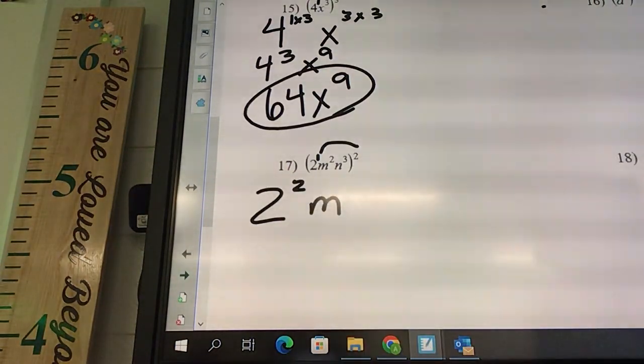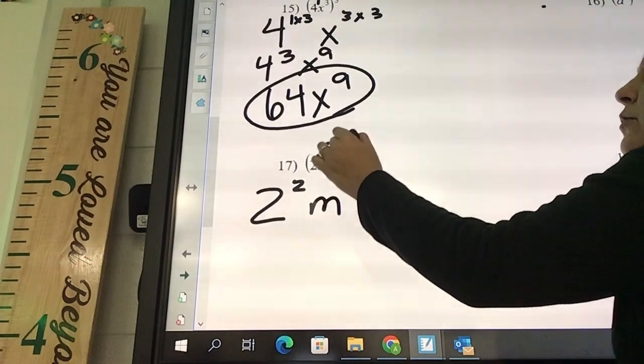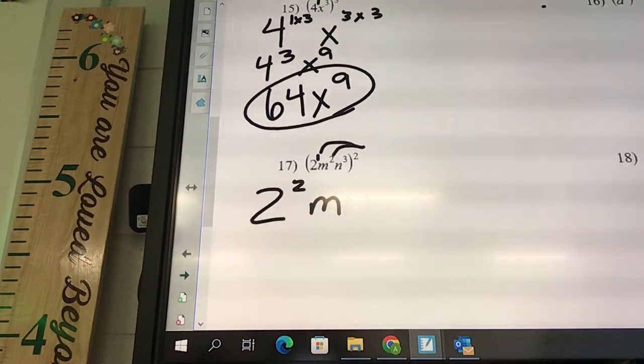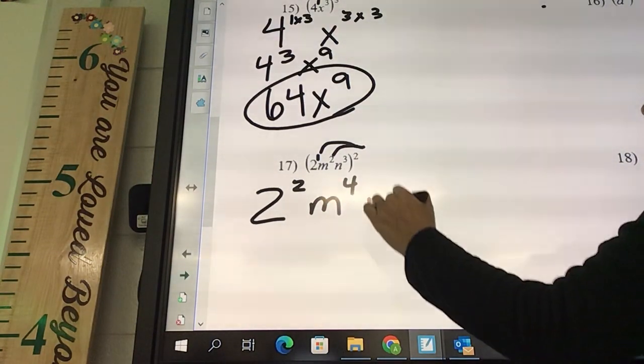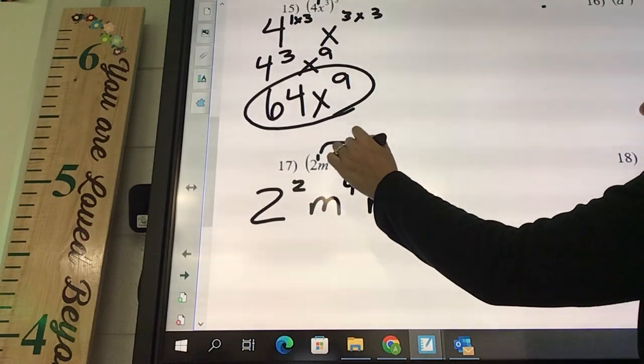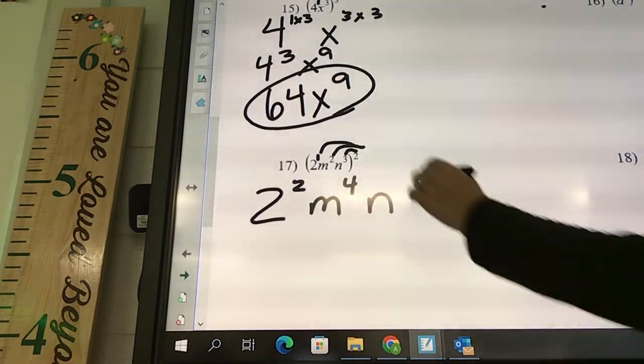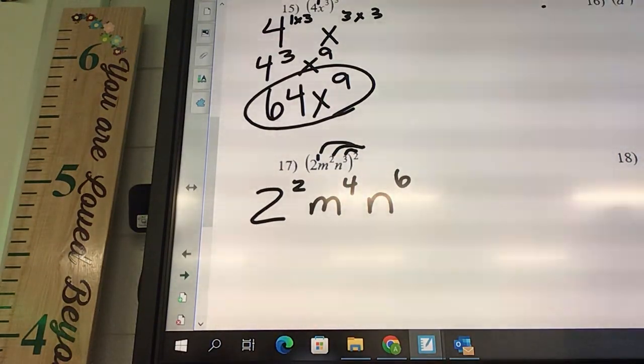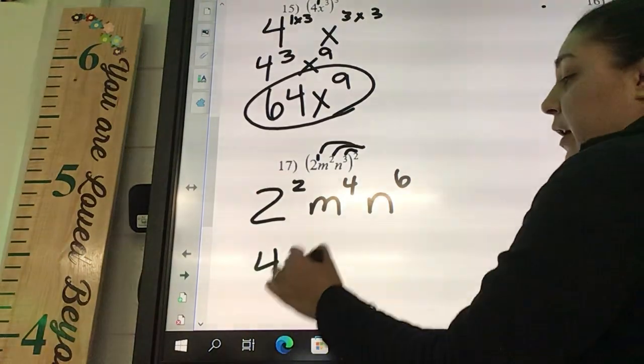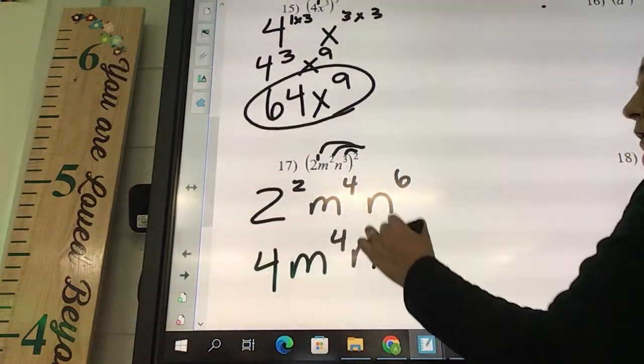Now go on to the m's. 2 times 2. 4. And the 3 times 2. 6. Then what is 2 to the 2 power? 4. So you're going to get 4 and 4 and 6.